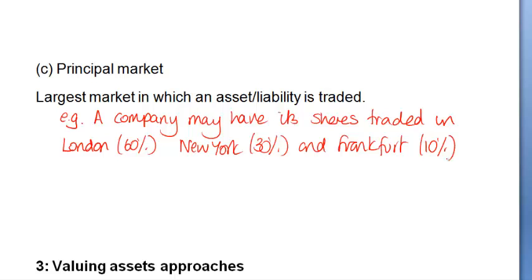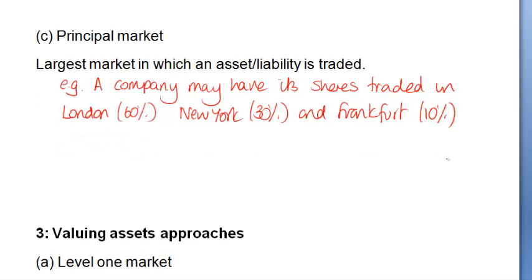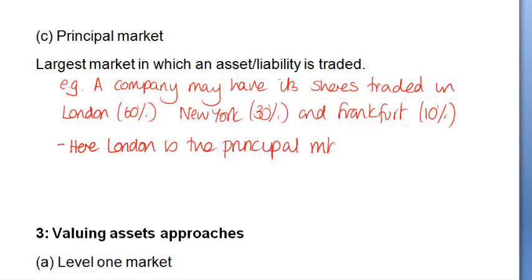Or you might have an island where you've got farmers selling tomatoes in 3 markets dotted around the island, and the prices are slightly different. So which do we say is the fair value? Here, London is the principal market, because it's the largest.